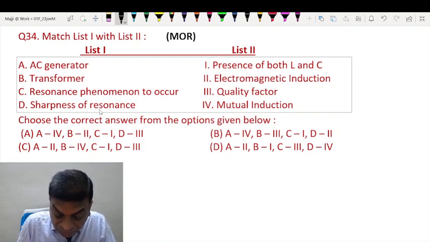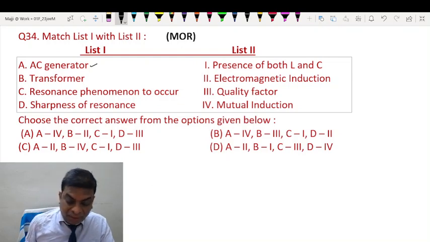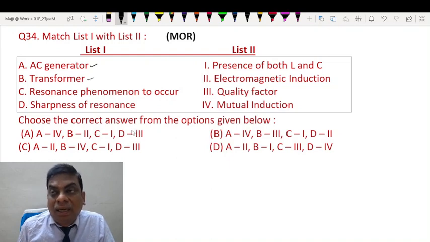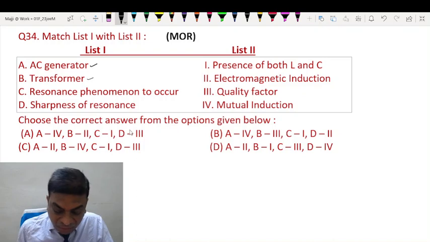Now as you know, an AC generator is basically something which generates power, isn't it? A transformer is basically a device which changes the voltage, low voltage to high voltage. That is known as step-up transformer, and high to low is known as step-down transformer.